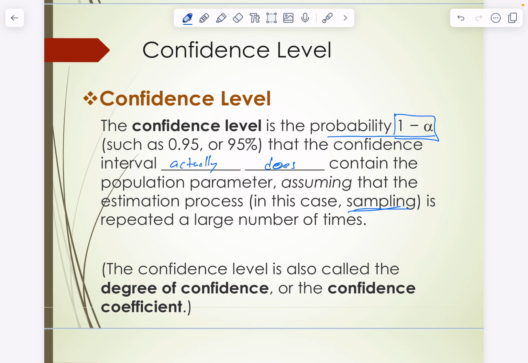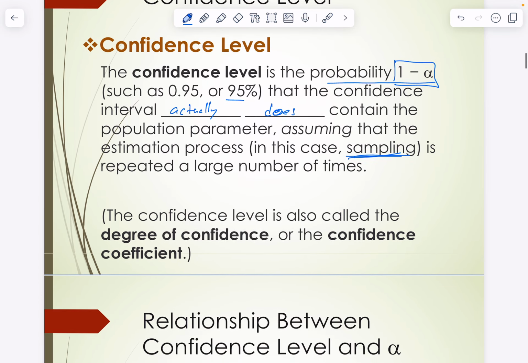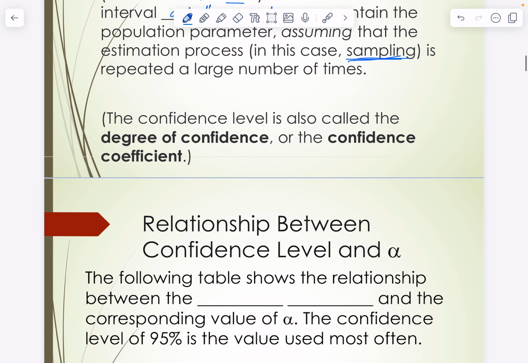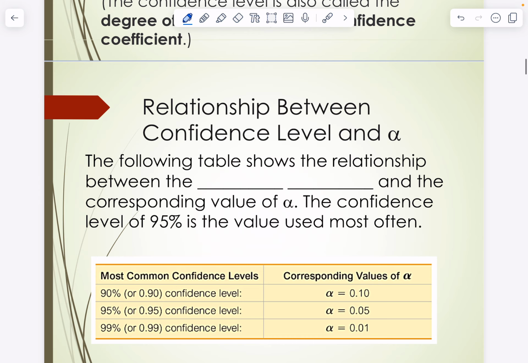So the confidence level, 95% confidence, says if I were to repeat my sampling and the way that I made my interval, then I would expect the true value to be contained 95% of the time. The confidence level is also called the degree of confidence or the confidence coefficient.